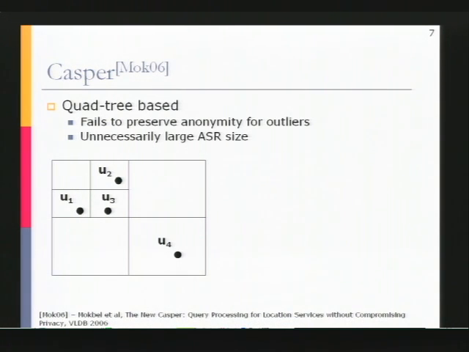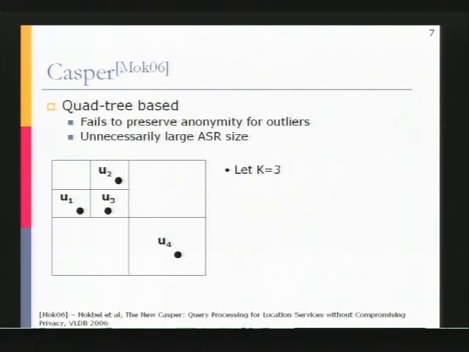How is anonymization performed? Whenever a query arrives at the anonymizer, the algorithm will search for the lowest level quadrant in the tree which contains the query source, as well as k-1 other users. So this is performed in a bottom-up fashion. And let's see an example. Again, let's assume k equals 3.